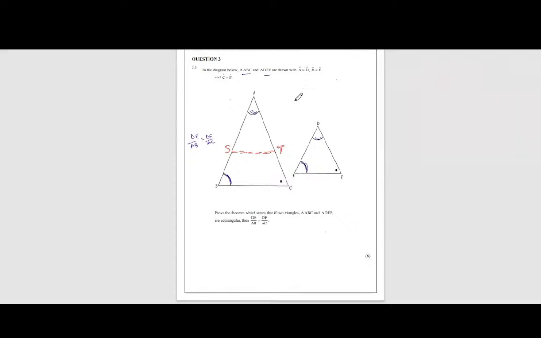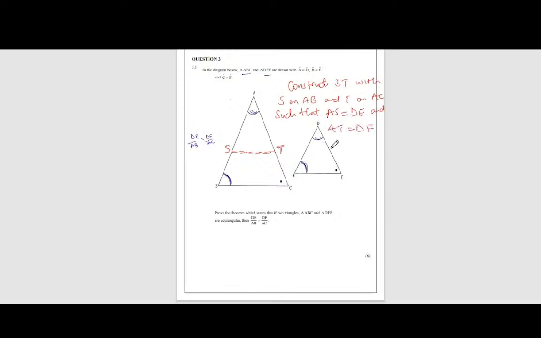Okay, so the first instruction is going to be construct. We are constructing ST, with S on AB and then T on AC, such that our AS must be the same as DE, and AT must be the same as DF.